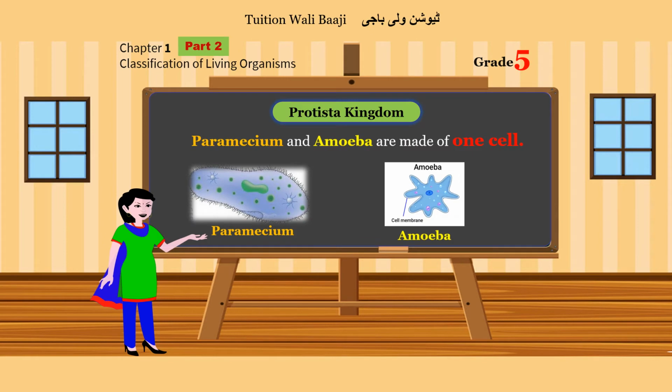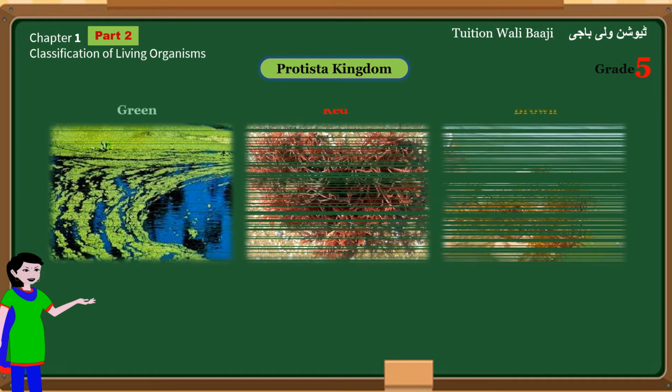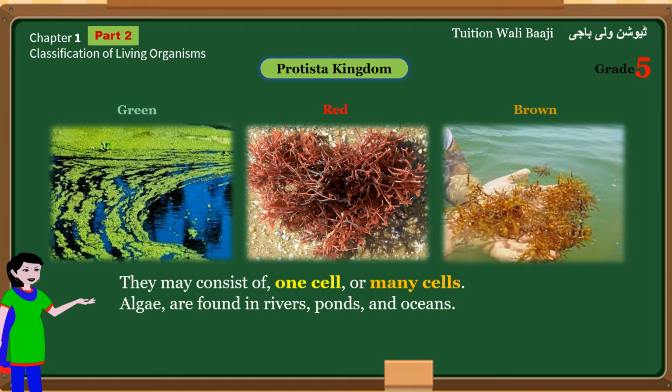Paramecium and amoeba are made of one cell. Algae are green, red, and brown in color. They may consist of one cell or many cells. Algae are found in rivers, ponds, and oceans.